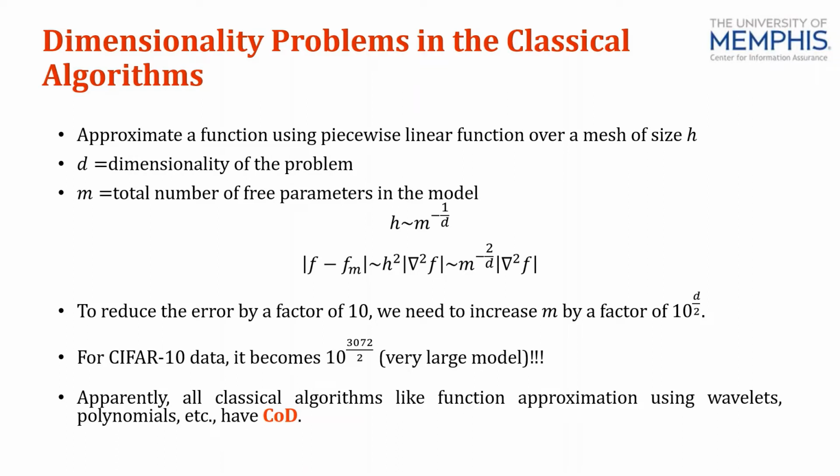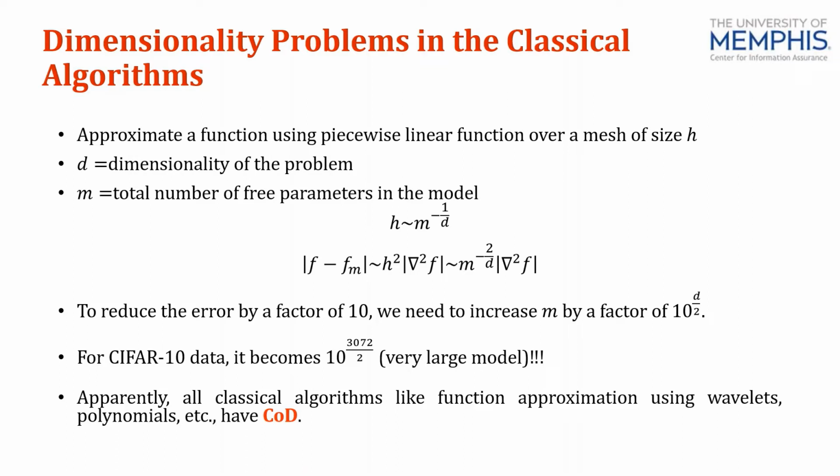Now to make it more clear, if we want to reduce the error by a factor of 10, then we need to increase m by 10 to the power d by 2, and we can recall that m is the model parameter, so our model becomes huge. Now for example, let us take the example of the CIFAR-10 data where d was 3072.